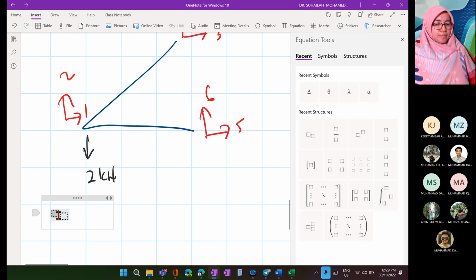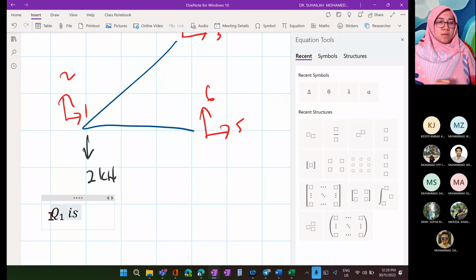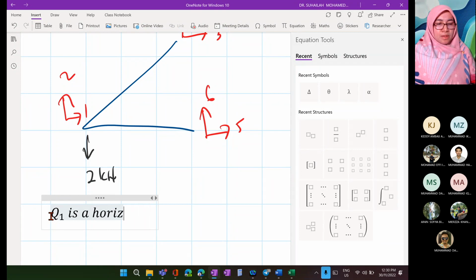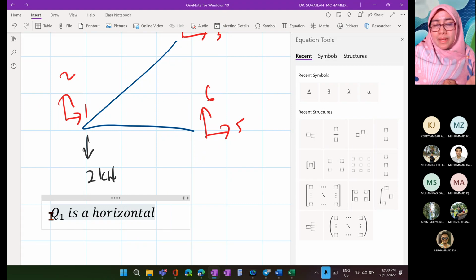Q1, is it horizontal or vertical? 1 is referring to horizontal or vertical? Horizontal. Q1 is horizontal. Horizontal what? We are talking about forces right now, right?